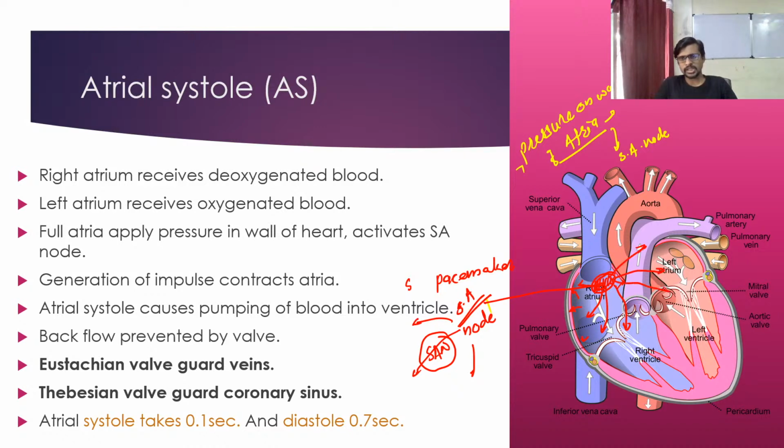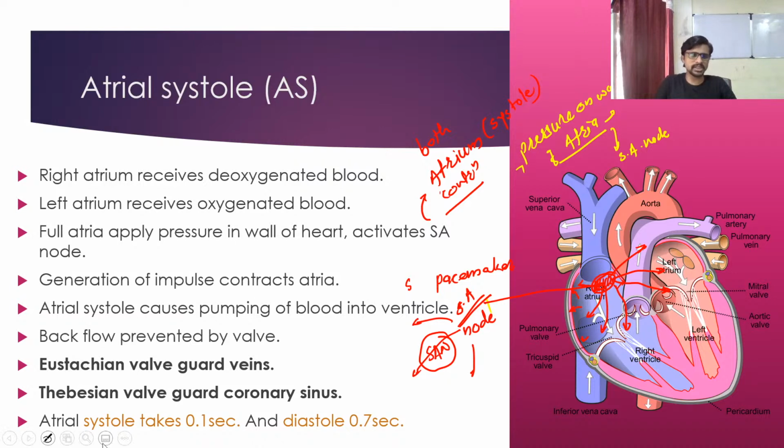Now there is no issue with the atrium. Because of the SA node, both atria get contracted. Contraction means what? We can call it the systole. So both atria are now in systolic condition.